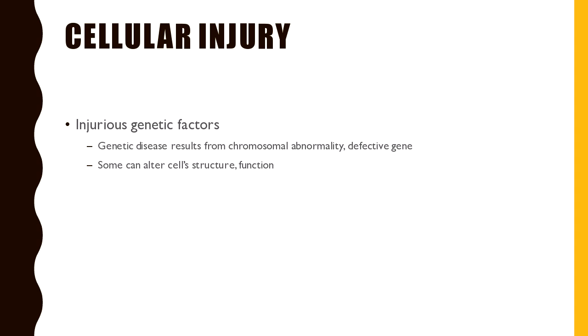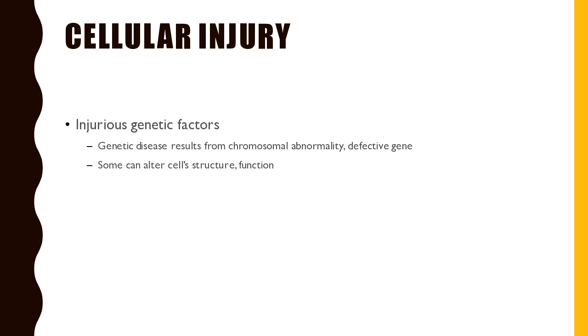Genital refers to genetics, con means with, so it came with the gene. Genetic diseases result from chromosomal abnormalities. Sickle cell anemia would be one of those things. That's a genetic defect. An example of a spontaneous mutation would be Down syndrome.